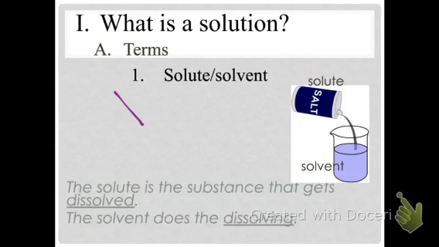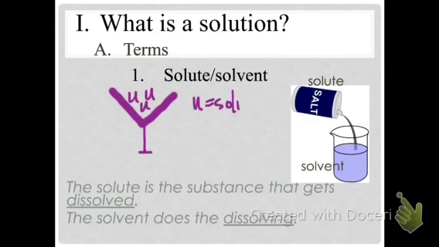Now there's an old picture that's used a lot of times, and it's this. So the V for the glass stands for solvent, and the U stands for solute. So the U is solute, like ice cubes in a glass, and that gets dissolved. And so ice cubes are going to melt.